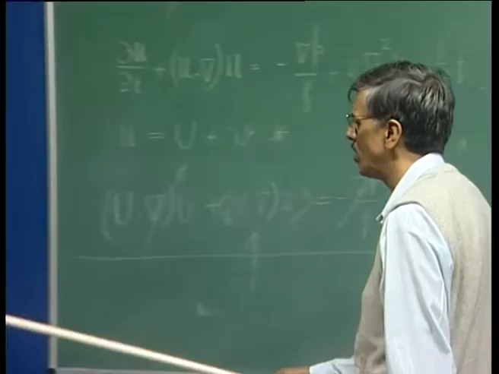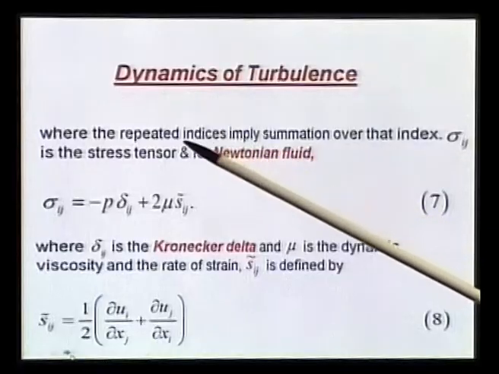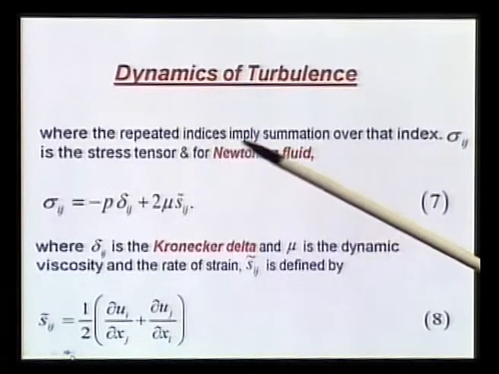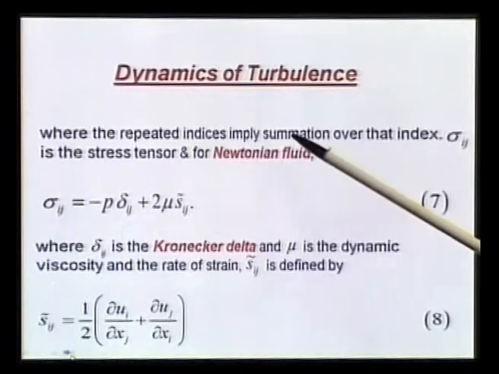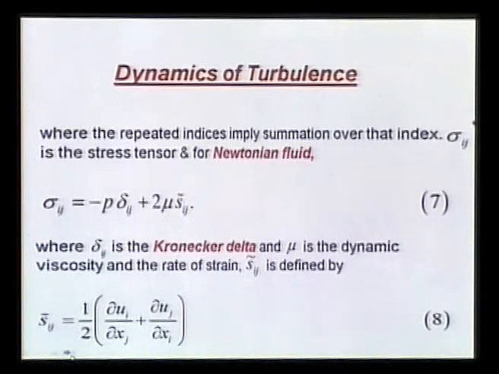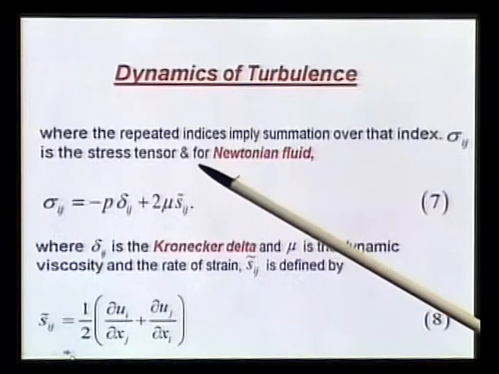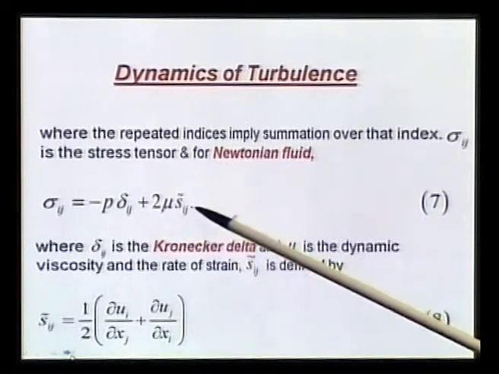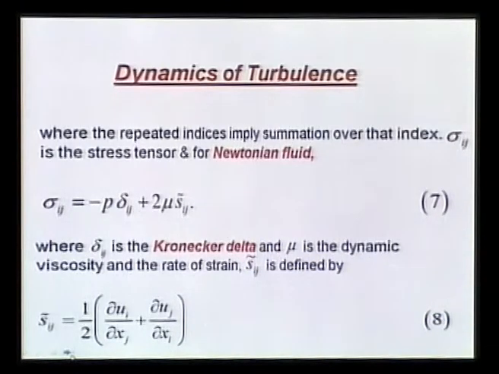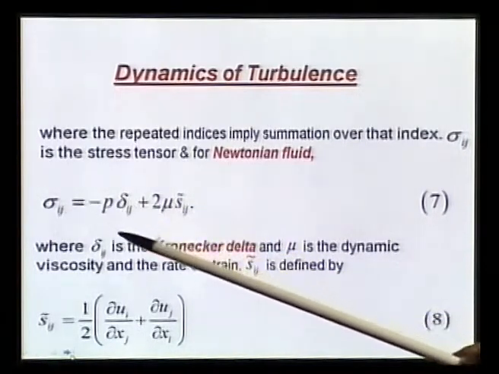We are familiar with the fact that whenever indices are repeated, that implies that you sum over that index. The stress tensor sigma ij is written for a Newtonian fluid like this. The stress tensor has two components.